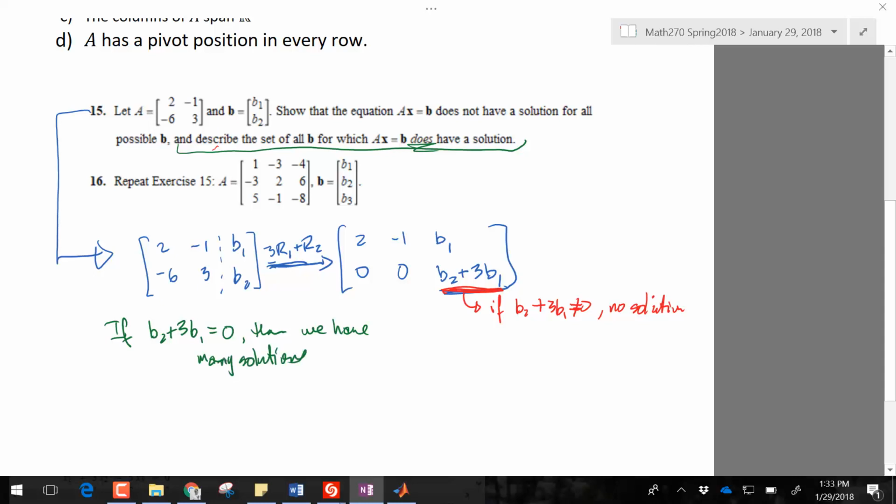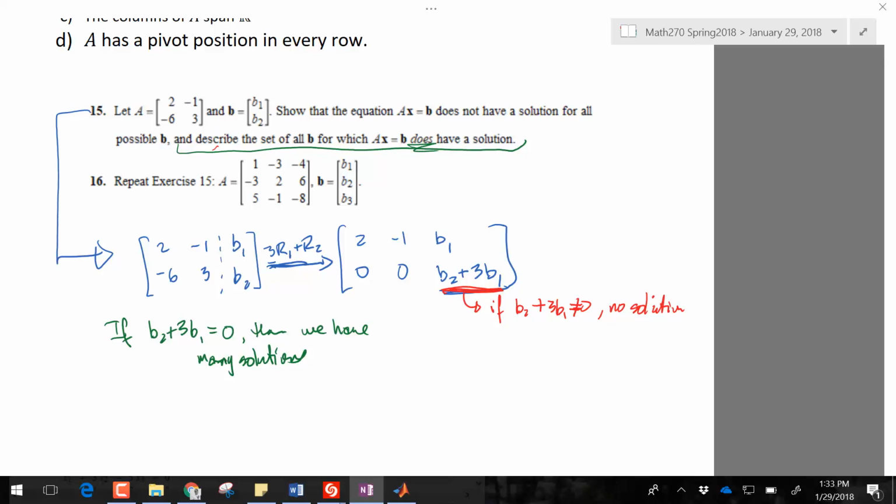That's better than writing an infinite number of solutions. We have many solutions. Yeah, because you can let B1 be whatever you want. So we have many solutions if this is the case.